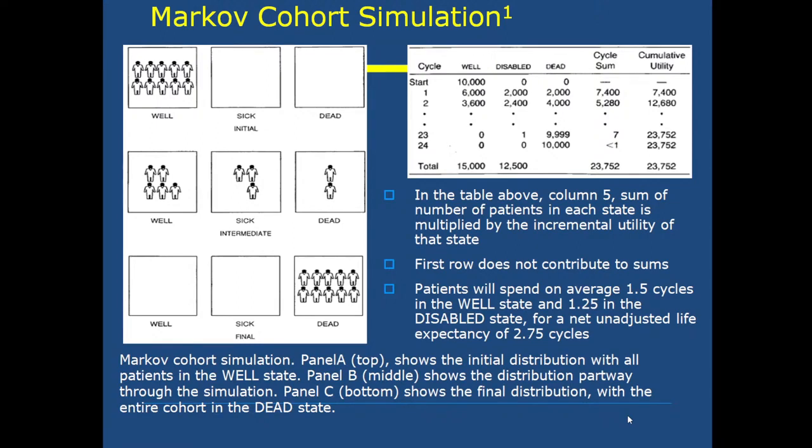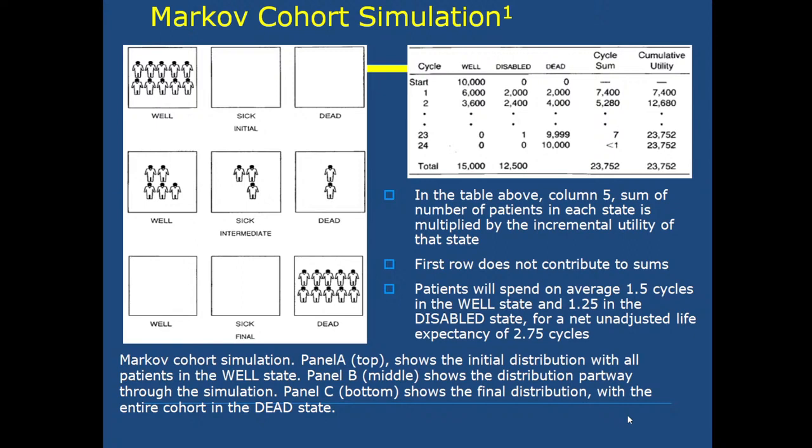All the patients are divided into three different groups: some of them stay well, some are sick, an intermediate state, and some of the initial group are dead.